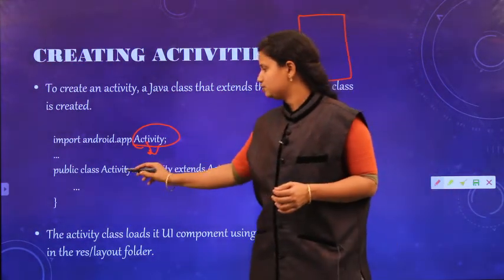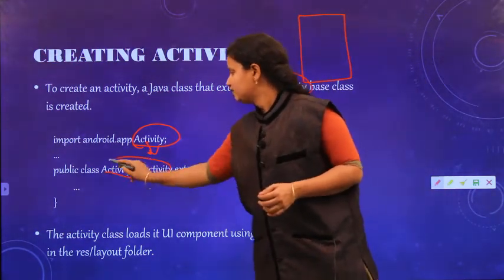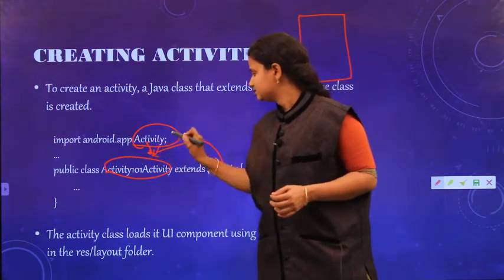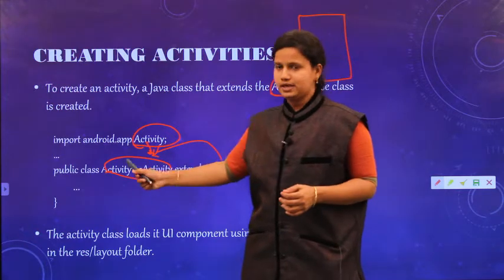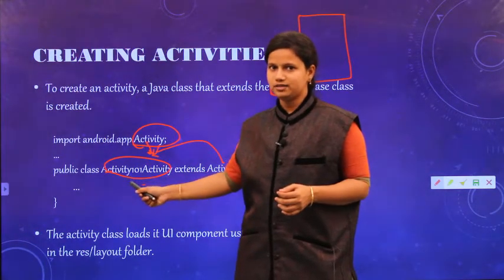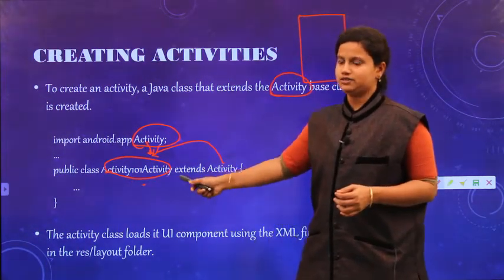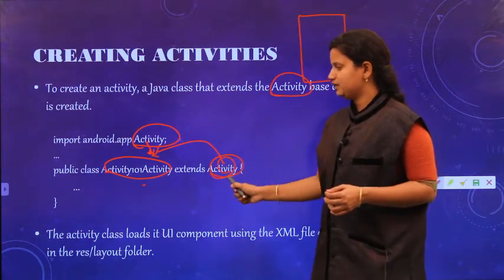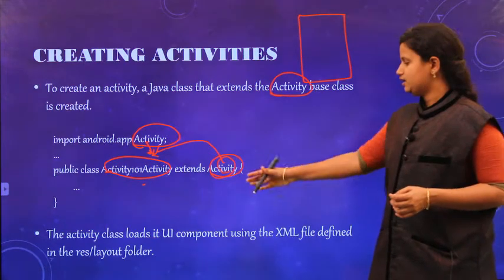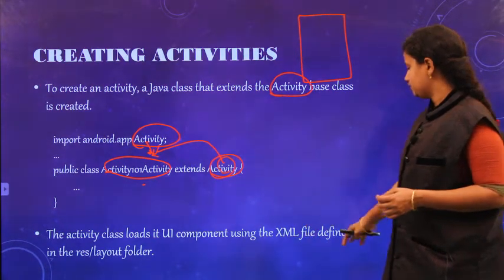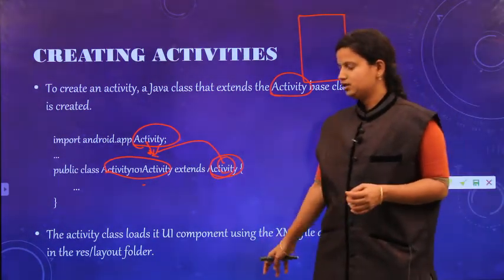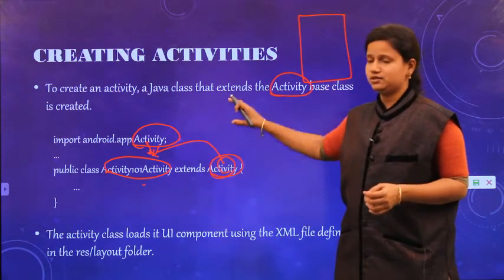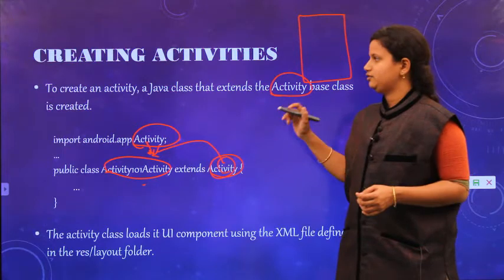So we create a public class, with the class name of our activity, which extends the already available activity class. The activity class loads the user interface components defined in the XML layout file. This is the way we create an activity.